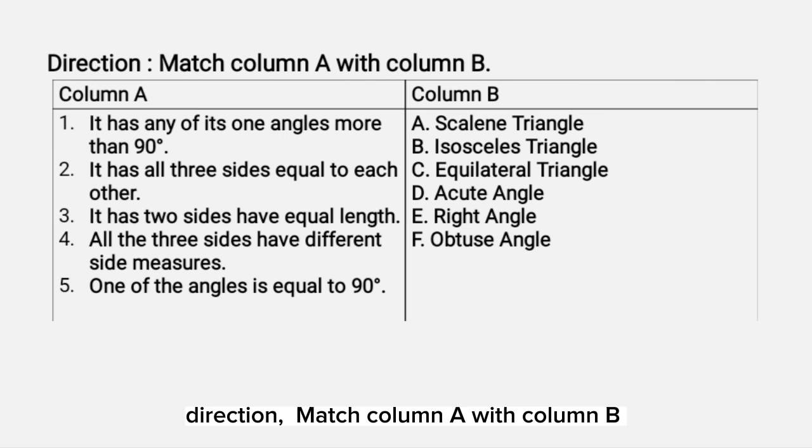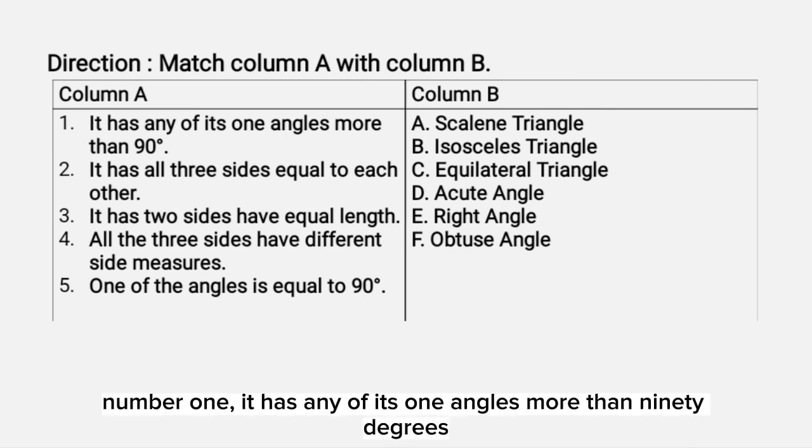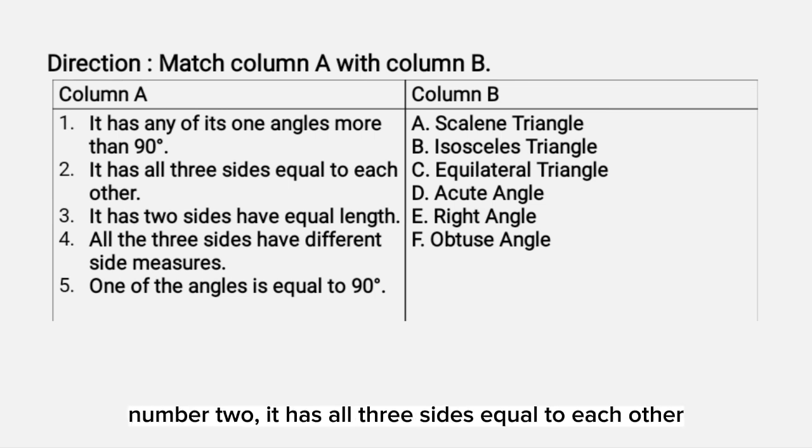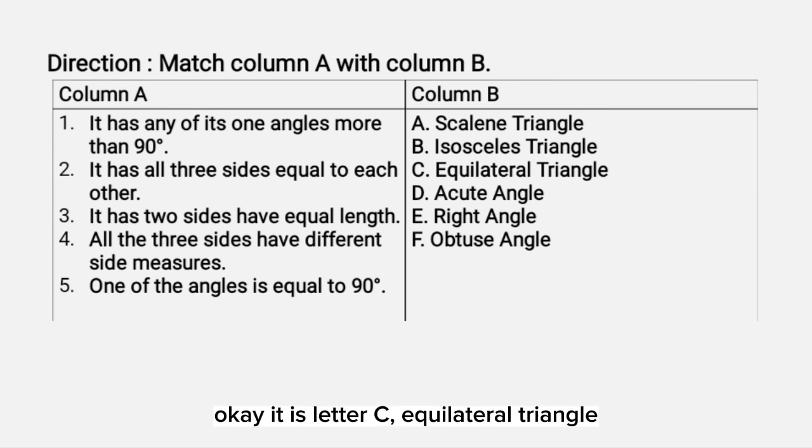Direction: Match column A with column B. Number 1. It has any of its angles more than 90 degrees. Okay, it is letter F, obtuse angle. Number 2. It has all three sides equal to each other. Okay, it is letter C, equilateral triangle. Number 3.